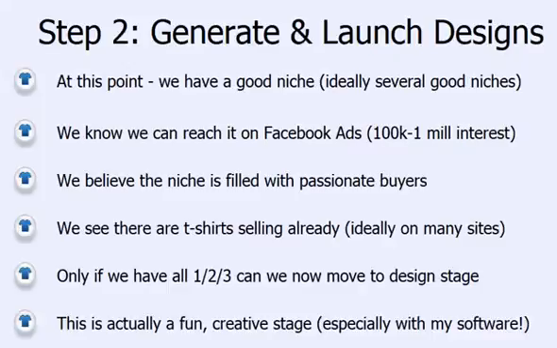We want to see t-shirt ideas on Pinterest, t-shirt ideas on Google Images. The ideal really is not too many t-shirts selling on Teespring, but lots of t-shirts selling in other places, and that suggests almost a kind of arbitrage opportunity where we can be the first ones to come in and really make the niche work on Teespring. But certainly, ideally, we want to see some t-shirts that are selling.